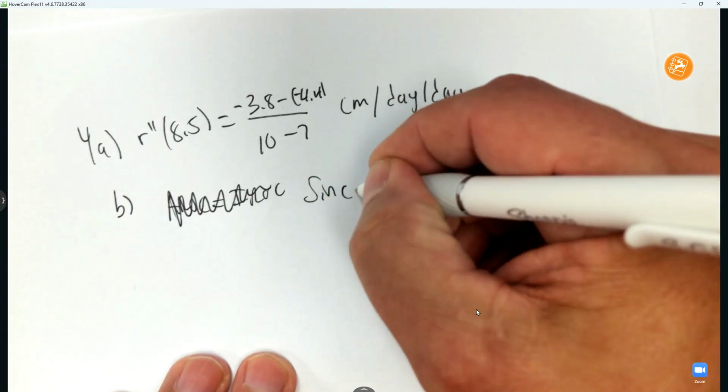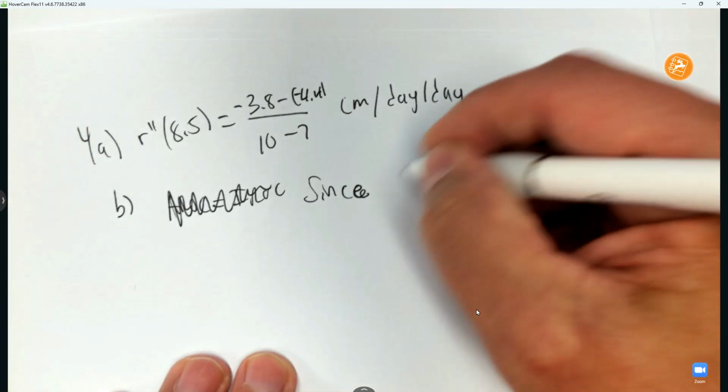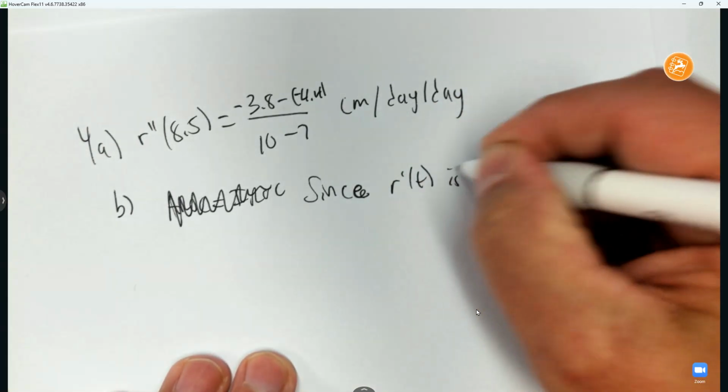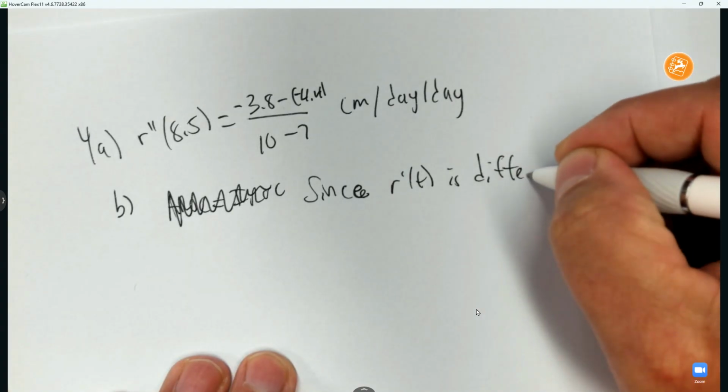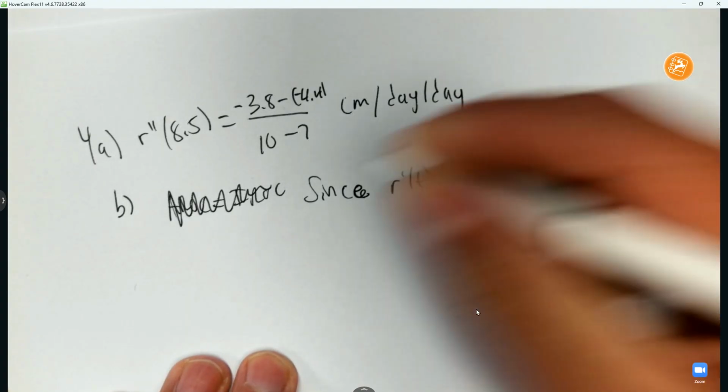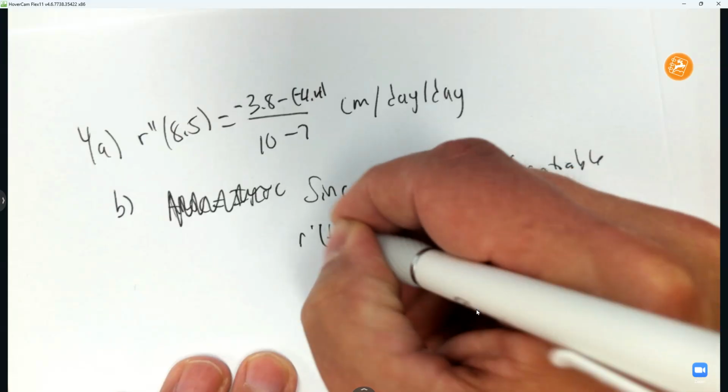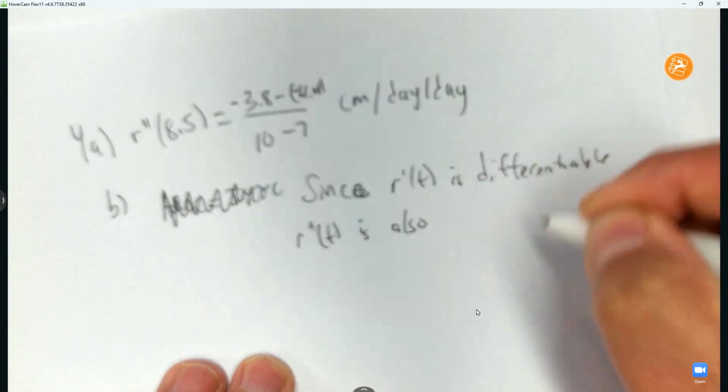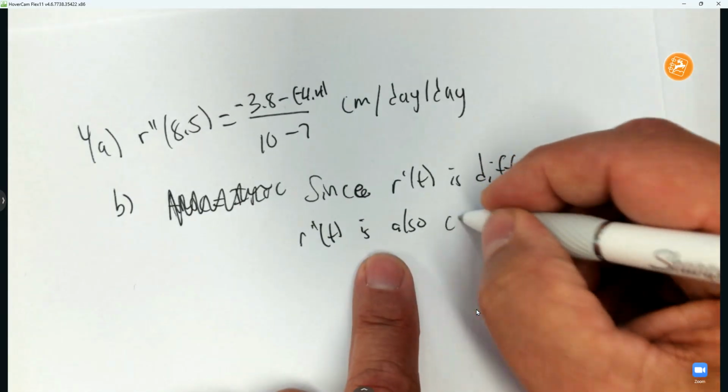So first we have to write this down. Since r prime at t is differentiable, and it said that in the question, r at t is also continuous. Can't be differentiable if it's not continuous.